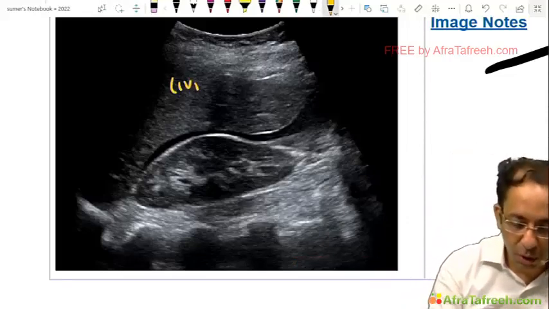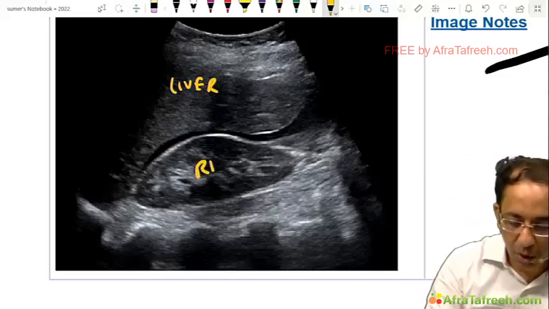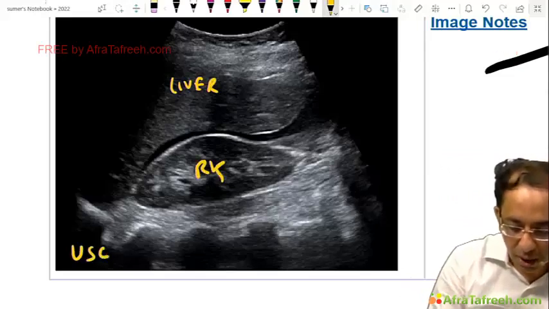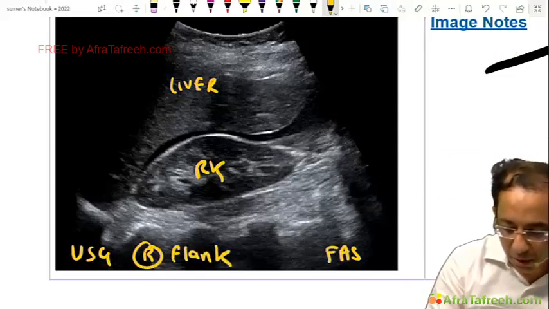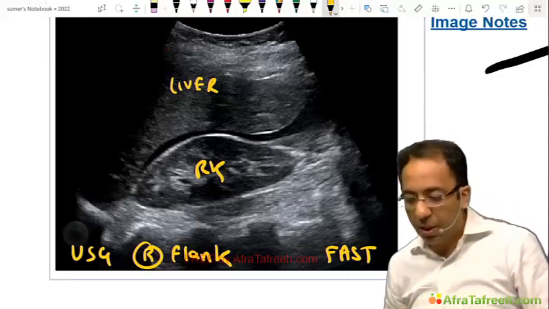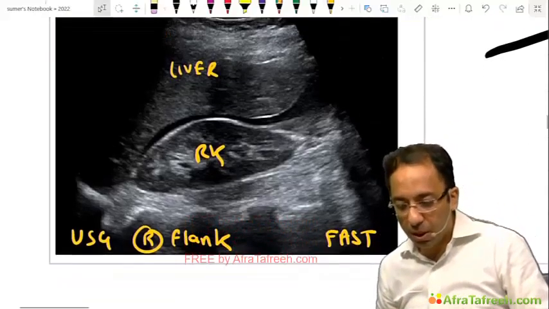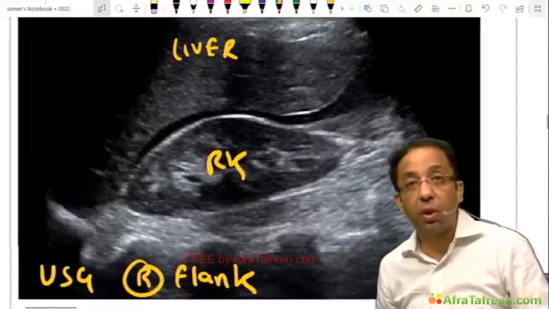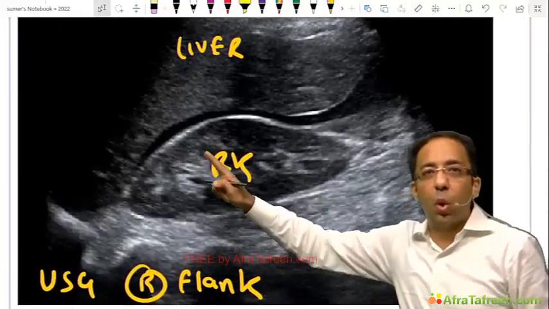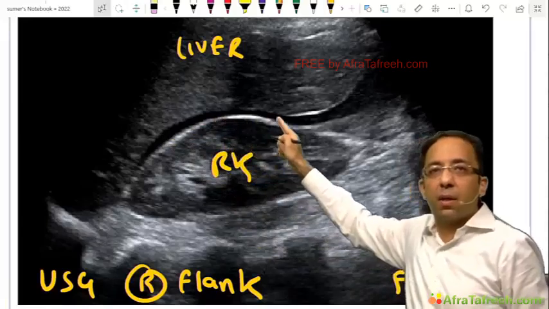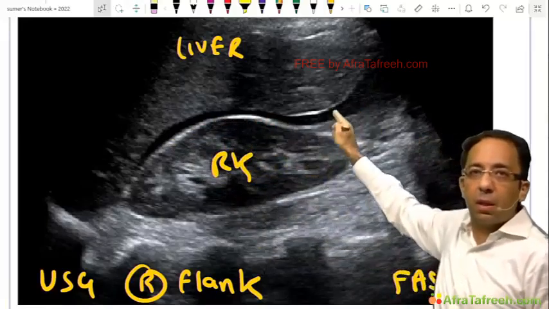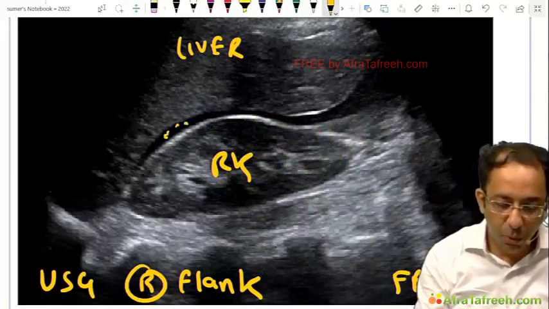This is your liver on the ultrasound. This is your right kidney. This is the ultrasound of the right flank. I want you to look between the liver and the kidney. Can you see this black area? I'm trying to put some dots there.